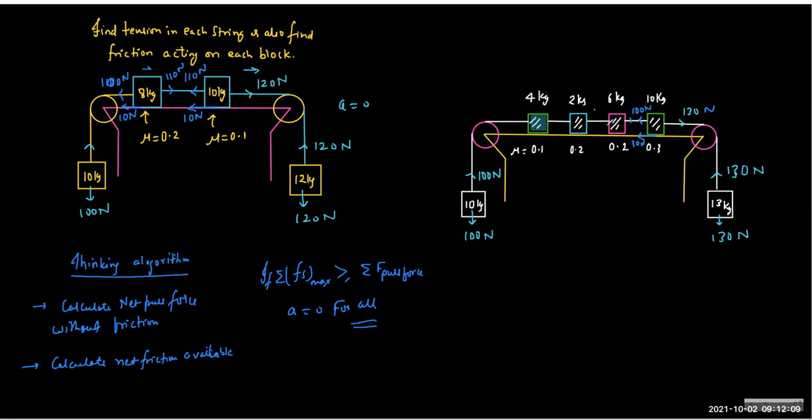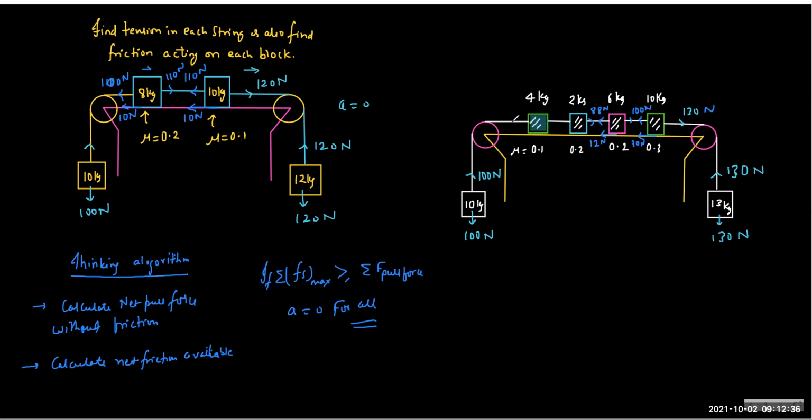And then 100 will try to pull the 6 kg block towards the right. Then friction can try to stop it by what value? 12 newtons. So let's say that 12 newtons is acting this way. So how much tension will develop here? 88 newtons.